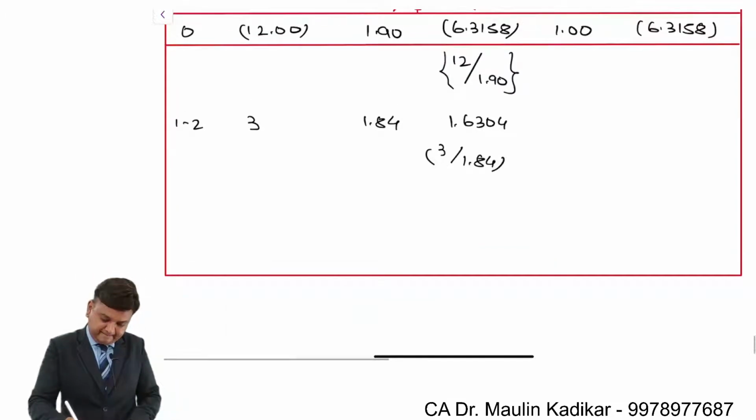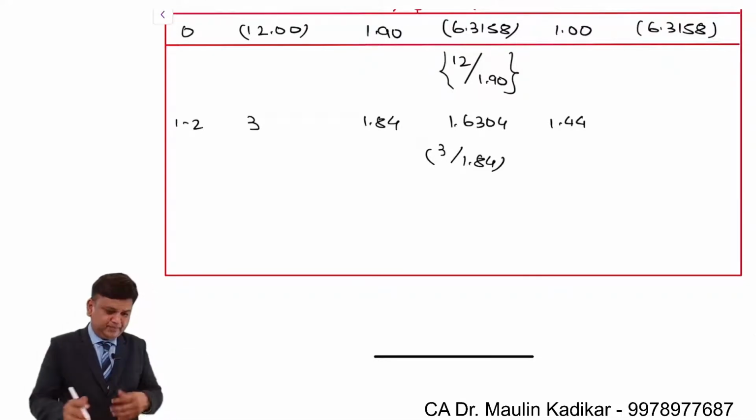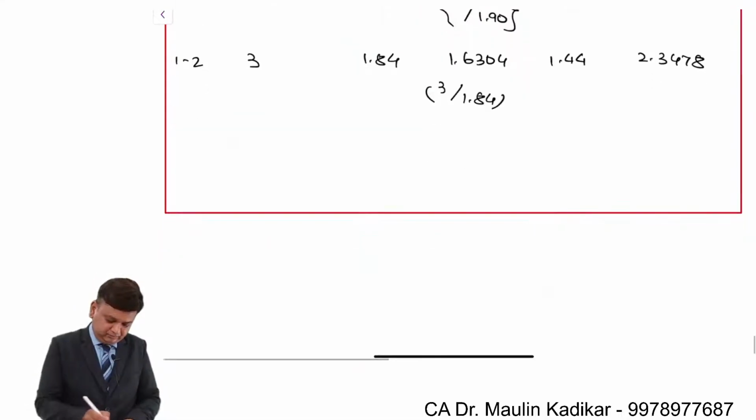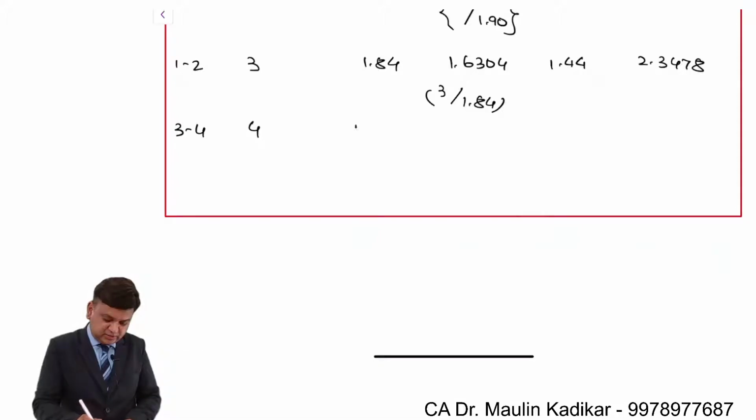1.44, 2.3478. Year 3 and year 4, cash flow is 4. The exchange rate is 1.78.